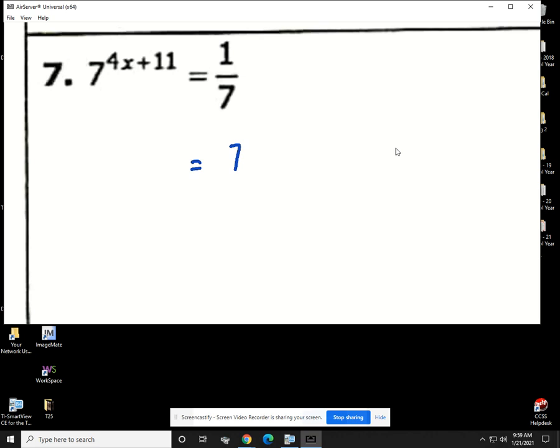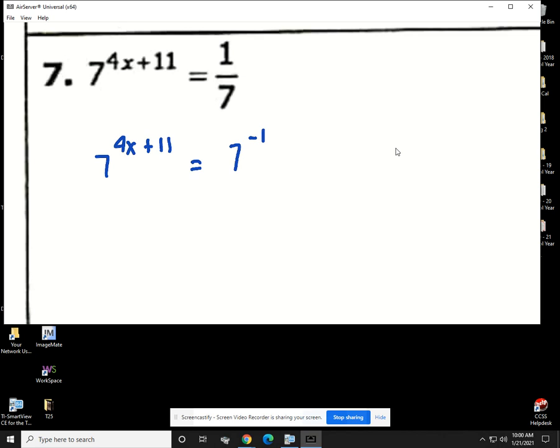A negative one. Negative exponents allow us to flip that base, and that's how we can change 1 over 7 to 7. When we flip it, it makes it a negative exponent. So 7 to the negative 1. Now on the left side, we already have 7, don't we? So I don't have to do anything to it.